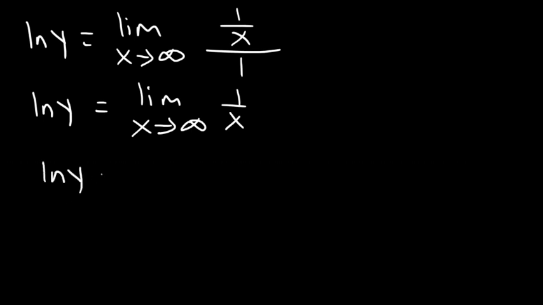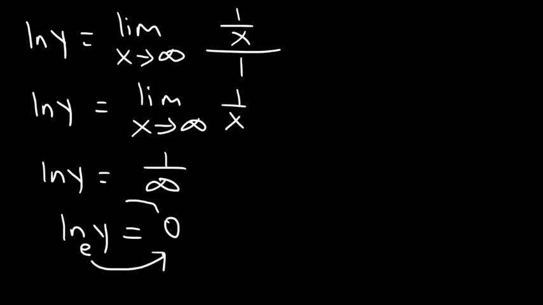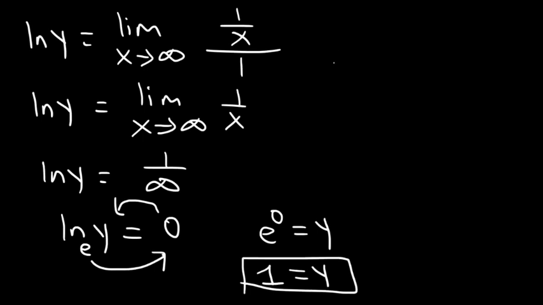So log y is 0, and since the base is e, e will go to that side and y will be e to the power 0, that is y equals 1.